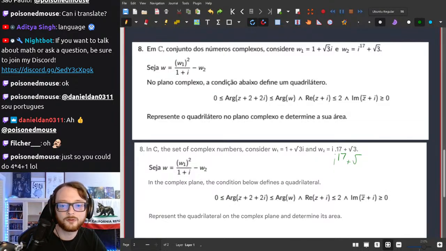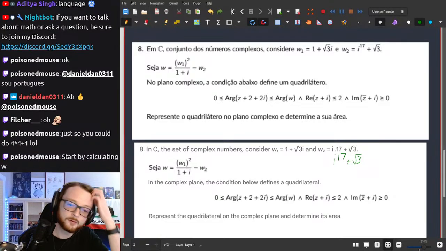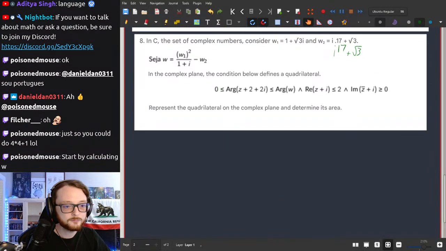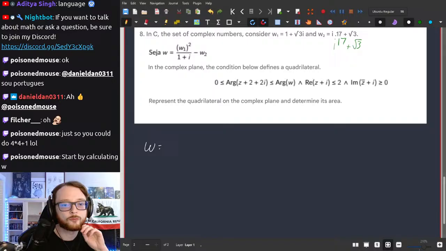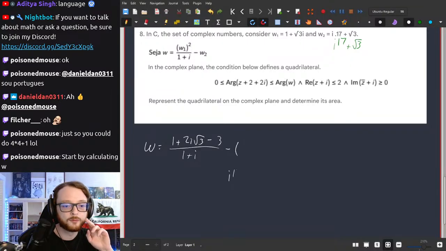Not 13. 3. Yeah. So w1 squared is 1 plus 2i root 3 minus 3 over 1 plus i to the 17.